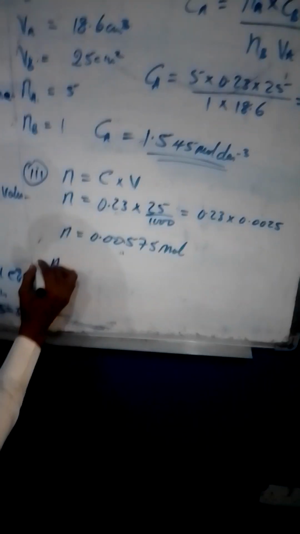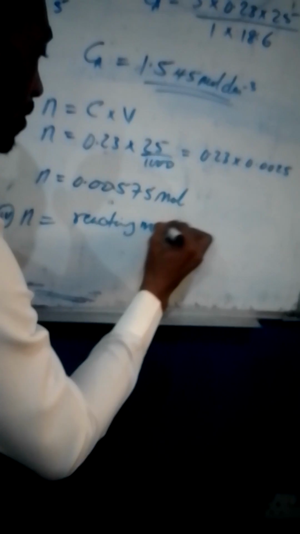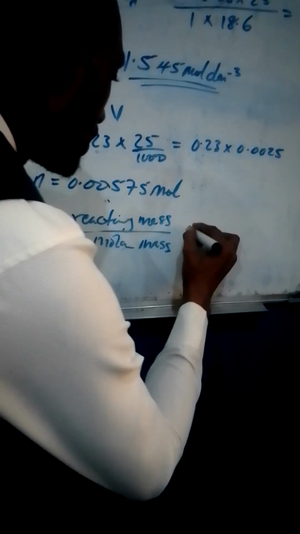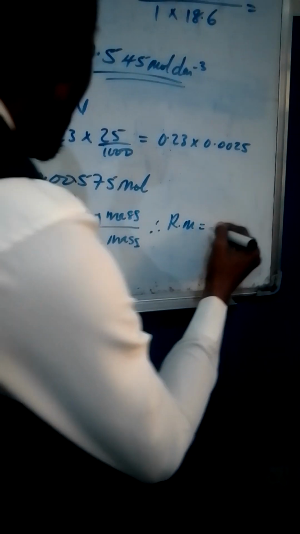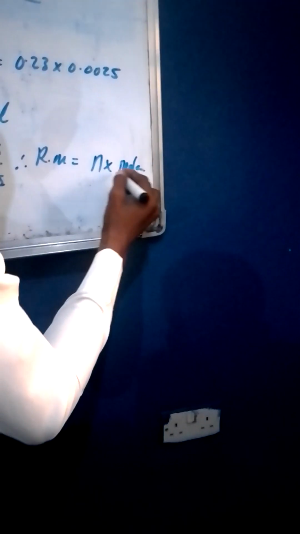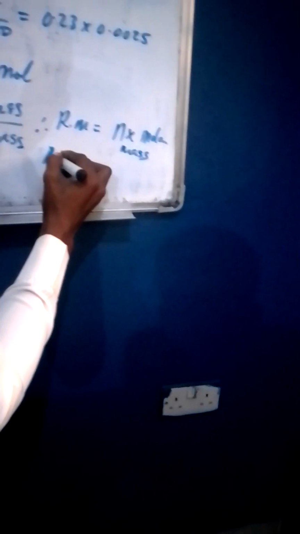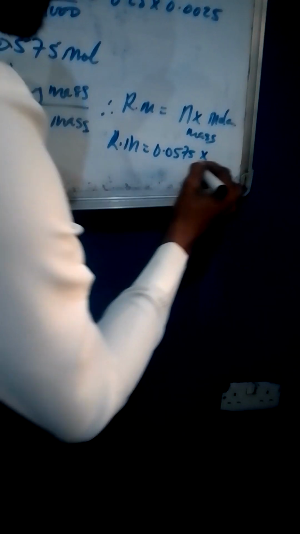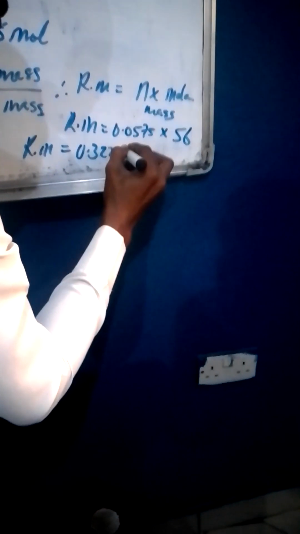If we have the mass of iron, since we know that number of moles is equal to reacting mass over molar mass, we make reacting mass the subject of the formula. Therefore reacting mass is equal to the amount, which is 0.00575, times the molar mass of iron. The molar mass of iron is 56. So we get 0.322 gram. This is the mass.